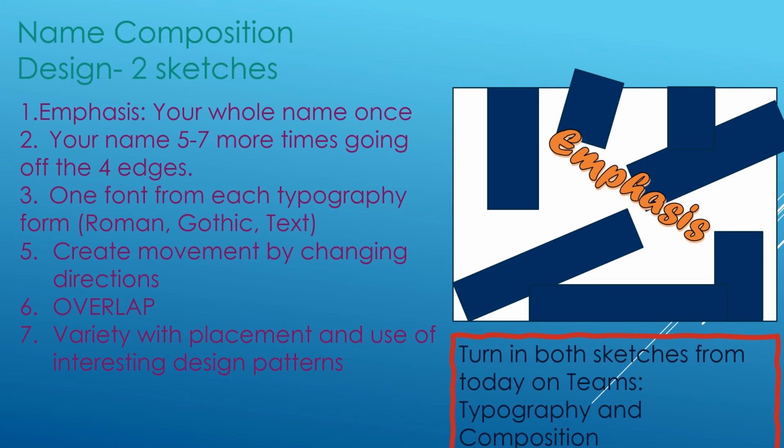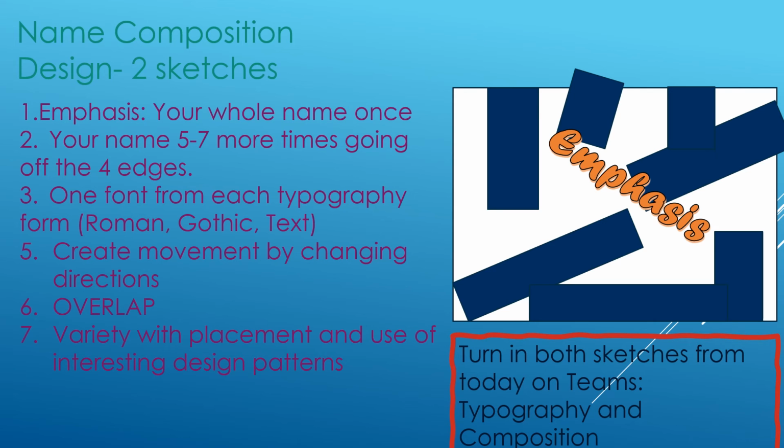Consider what you can do to the font and around the font to create this space as a place of emphasis. Then you will add your name 5 to 7 more times, going off the four edges of the page.